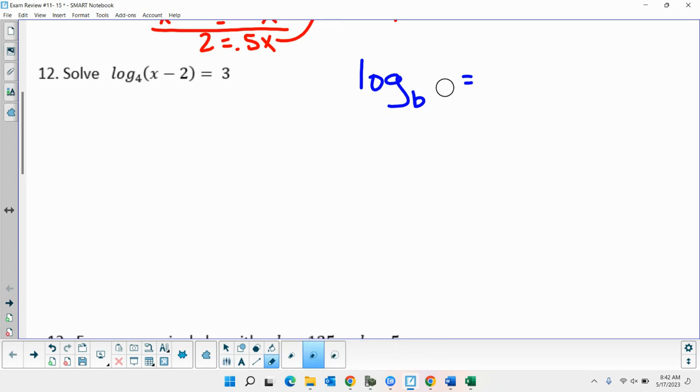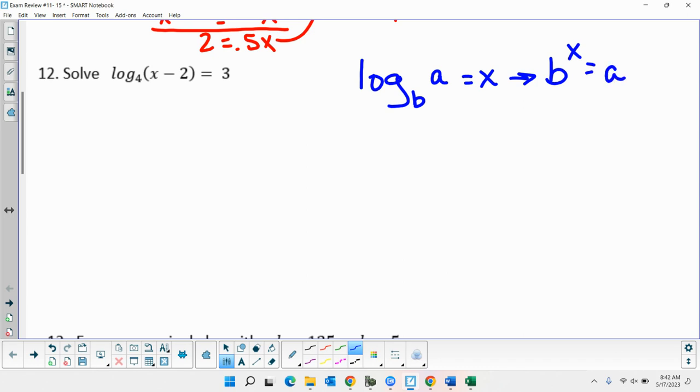I think that is how we started the first time we saw this. It means b to the x power equals a. Log form over to exponential form. Okay? So when we're solving a log problem like this, we're going to rewrite it as an exponential problem.